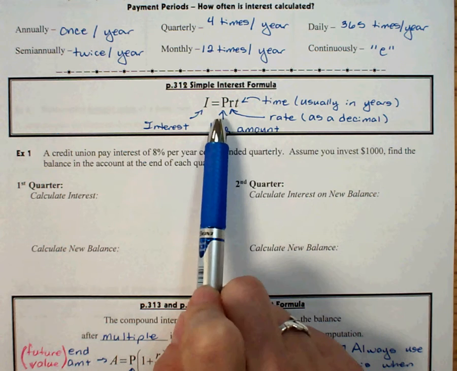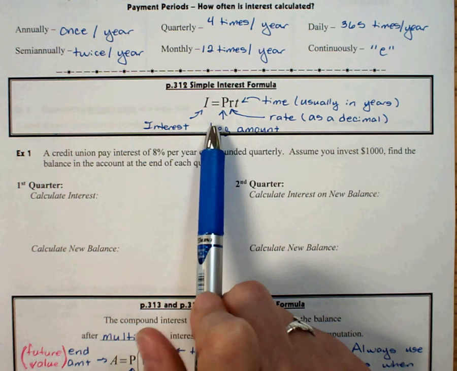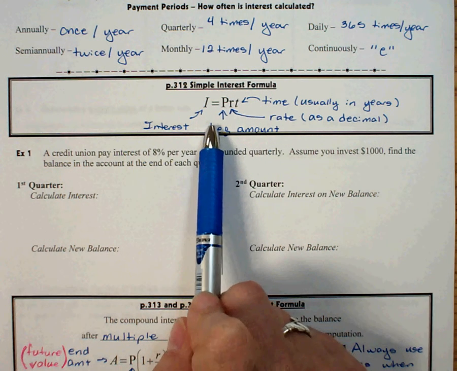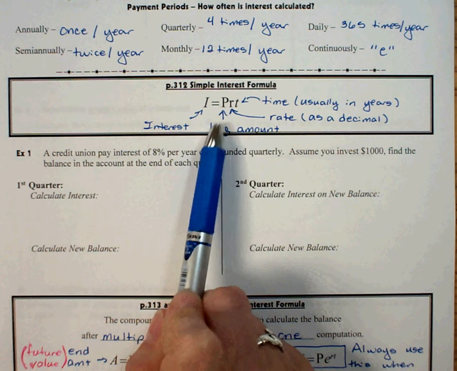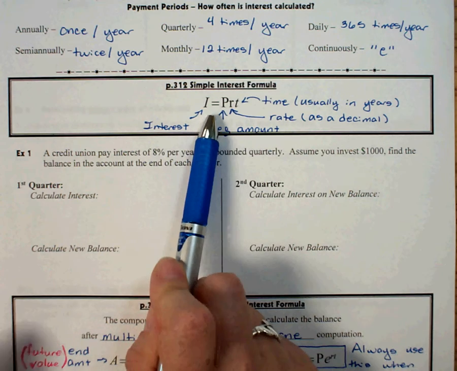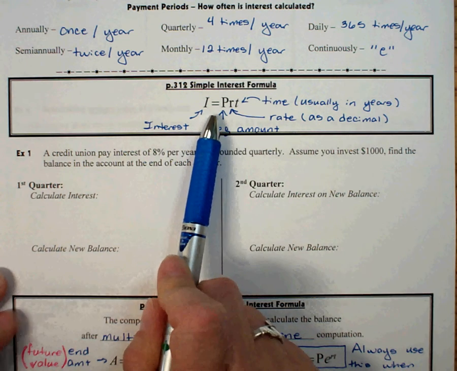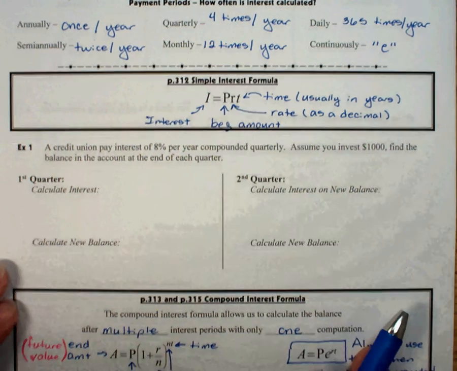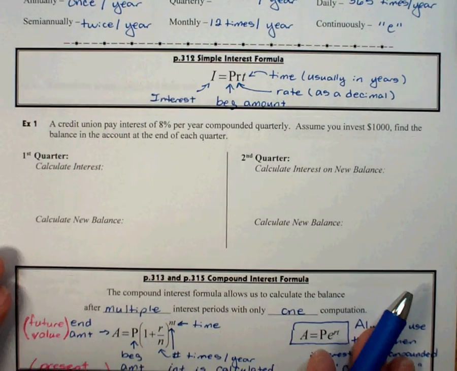The first thing we want to look at is simple interest. If we just want to calculate interest for an individual time period, we would use this simple interest formula. Simple interest, again, only calculates the value of an account at the end of a particular period of time.